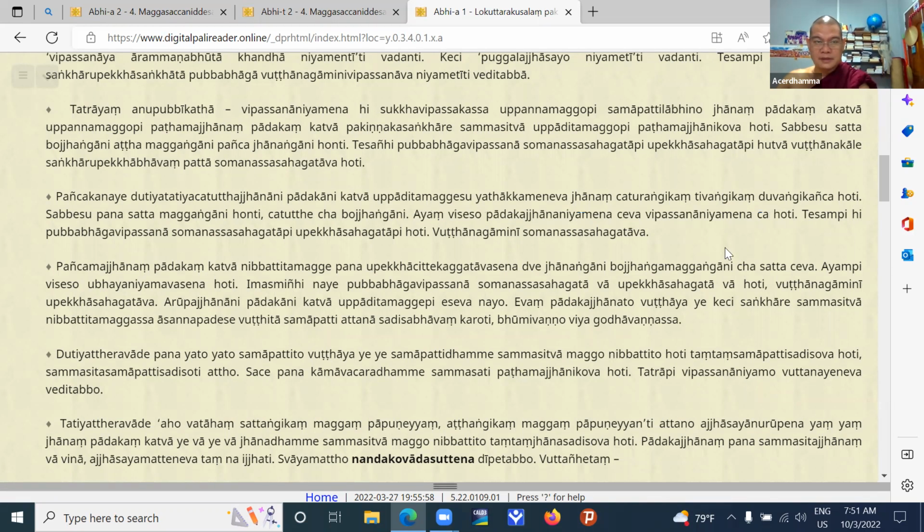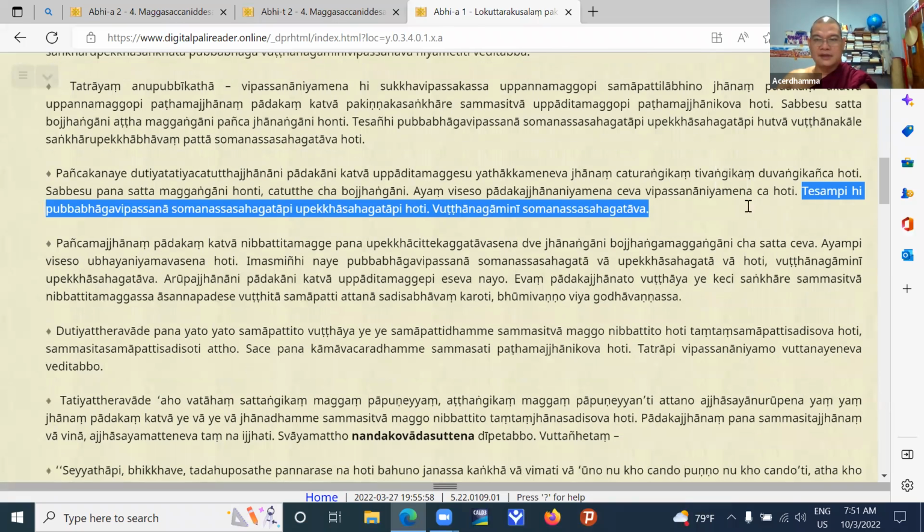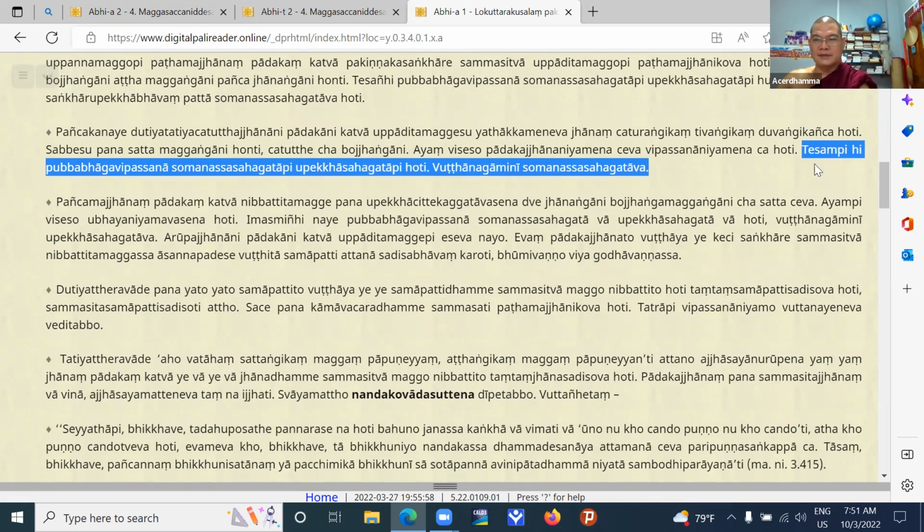Now, a prior state before saccavibhaṅga jnana, Upabhaga Vipassana, referred to the Vipassana jnana before saccavibhaṅga jnana.